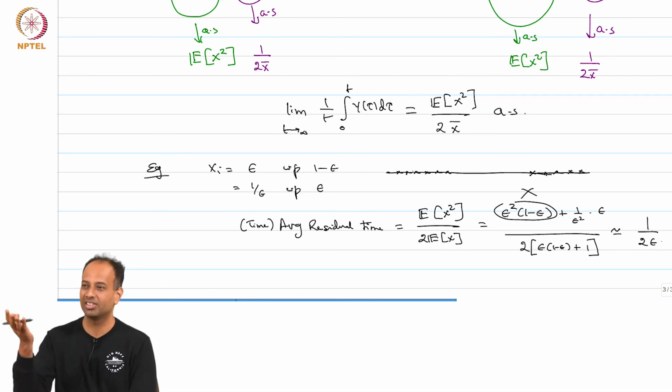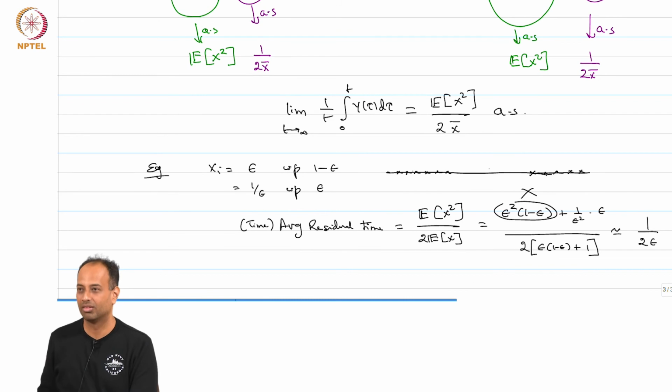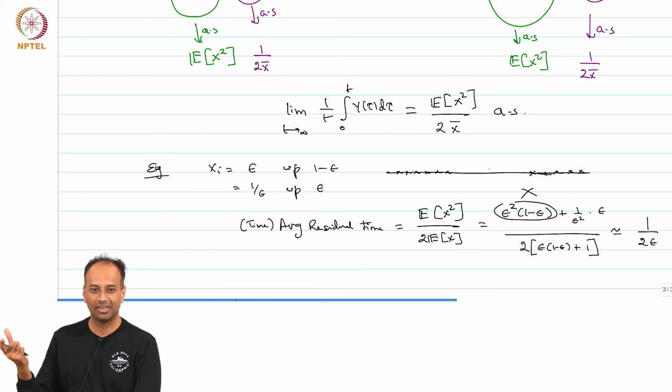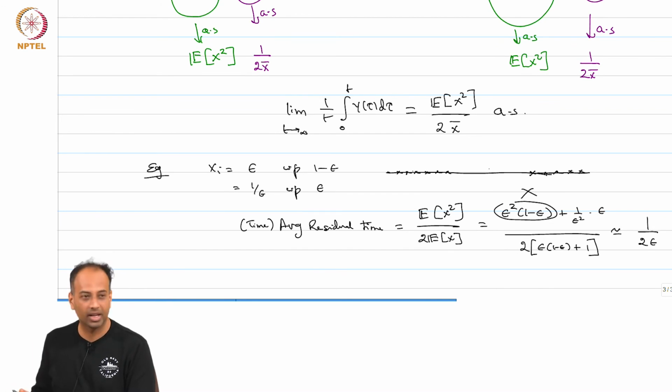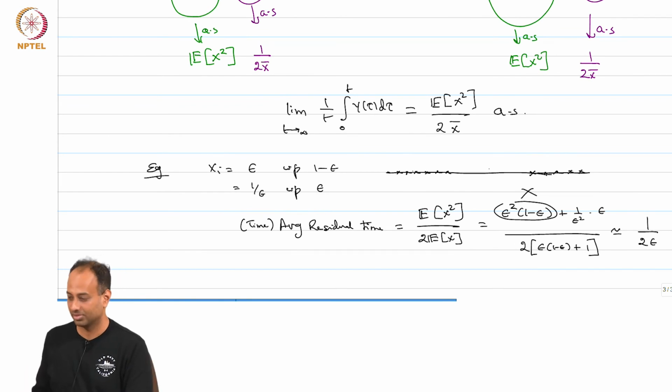So, the average residual time is pretty much determined by that one long interval, because when you show up at that time t, you are very likely to be in that very long interval, intuitively speaking. This is just direct calculation.